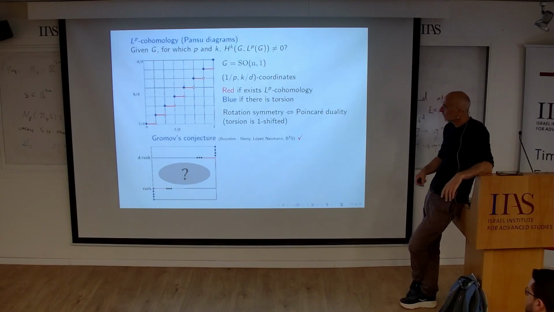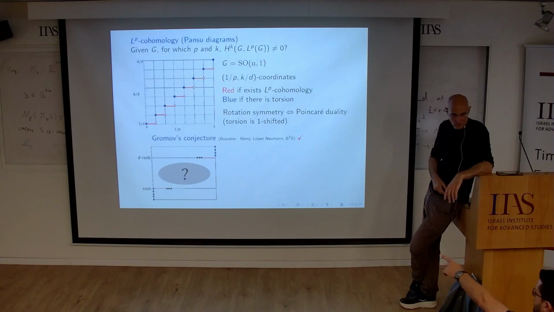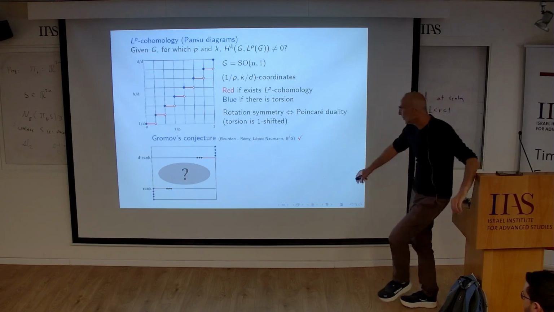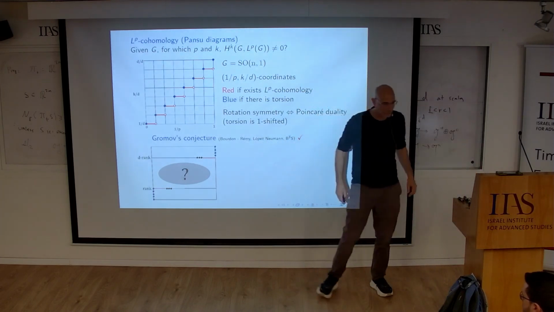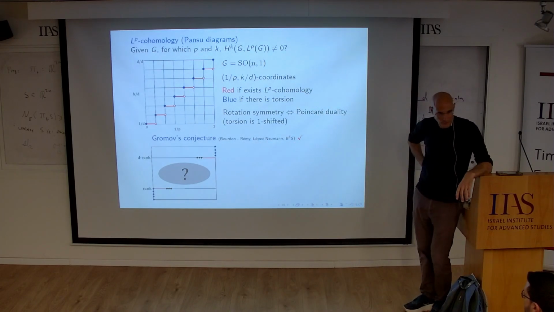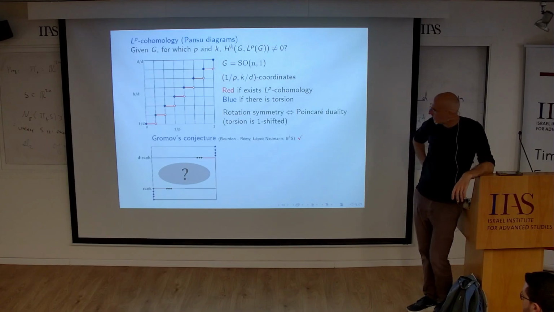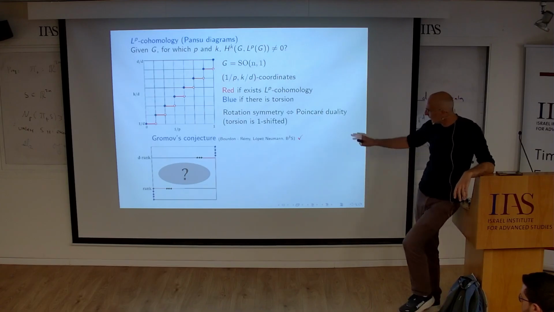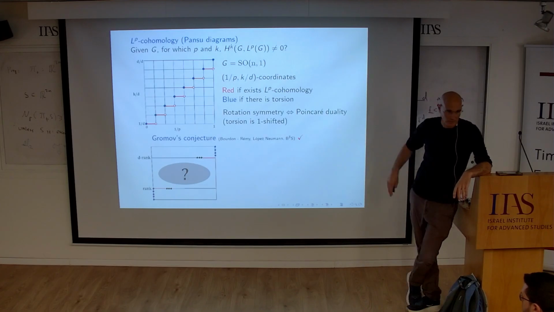And there is no special reason that you didn't put the blue dot at D minus the rank, like in the dual picture, it's just by accident? No. This is due to the shift, the +1 shift that we have for the Poincaré duality, torsion. I did it on purpose, but I shouldn't have done any of this anyway.